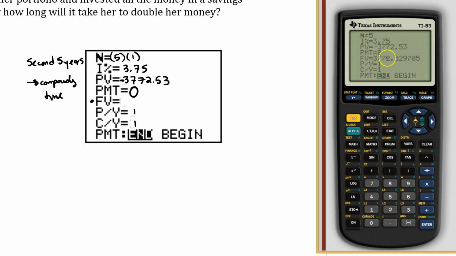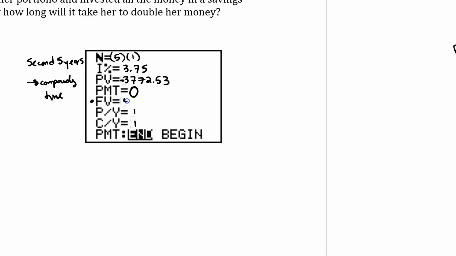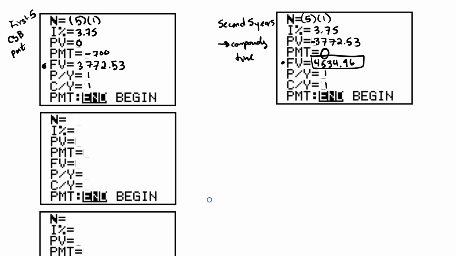Let's see. Yep. Alpha, enter. What is our future value? $4,534.96. Okay, so that is for the first 5 Canada Savings Bonds that we purchased.